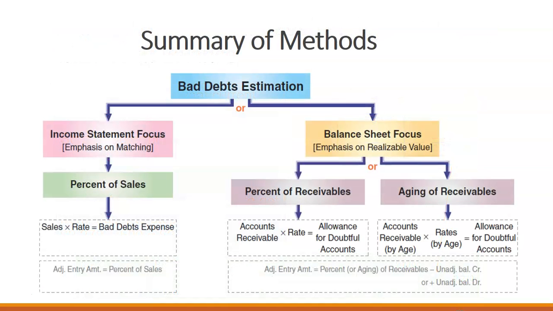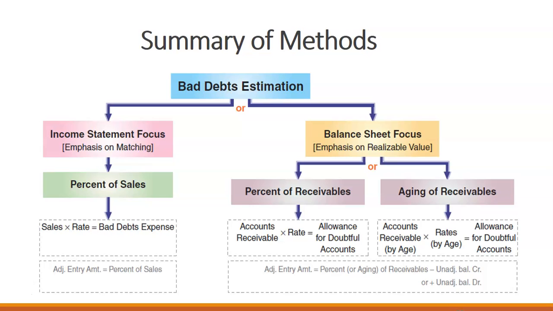So these are our different methods. We have the percentage of sales, which focuses on the income statement. So it's our sales times the rate equals our bad debts expense. Our adjusting entry amount is the percent of sales bad debts expense.